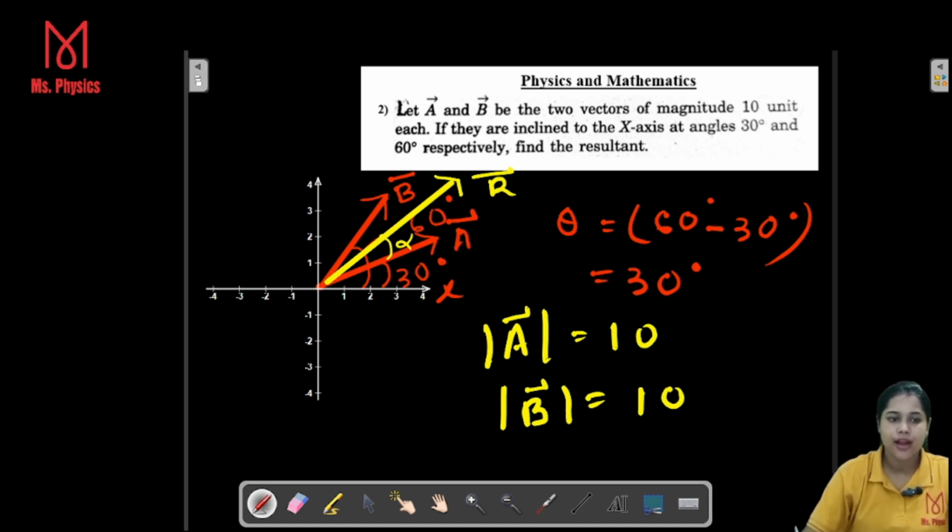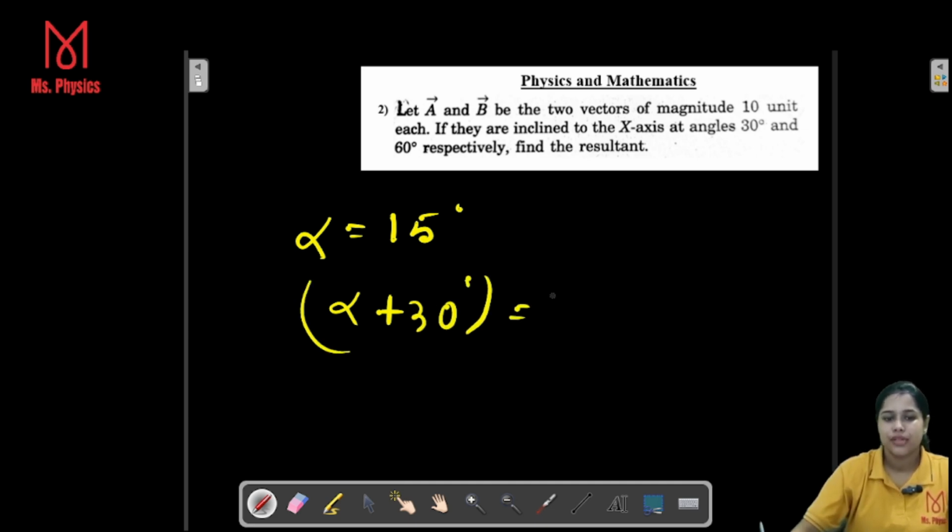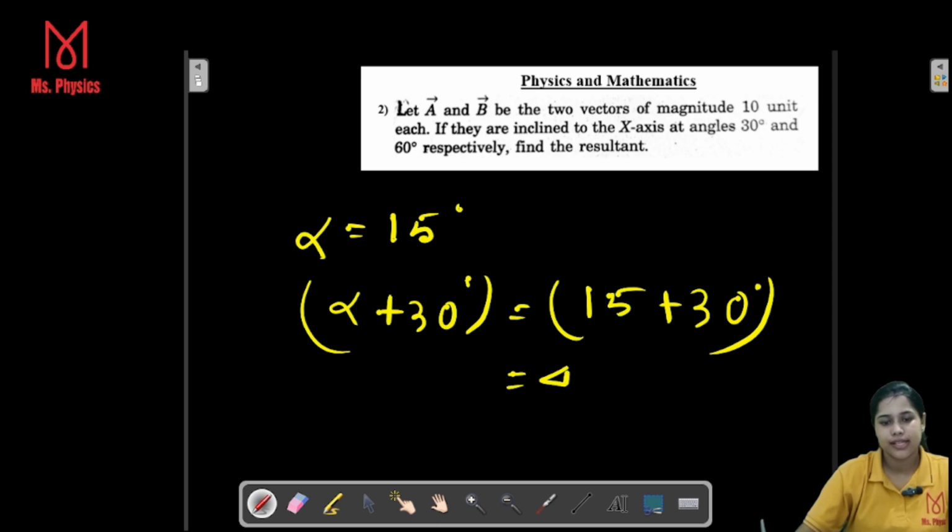The value of alpha we already have, that is 15, so alpha plus 30 degree is equal to 15 degree plus 30 degree, which is 45 degree. So this is the angle between R and the X axis. So this is the answer.